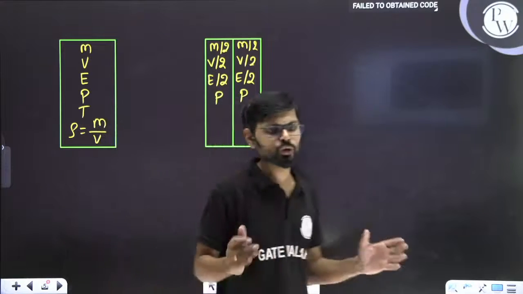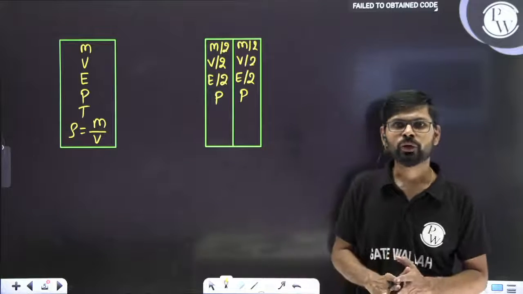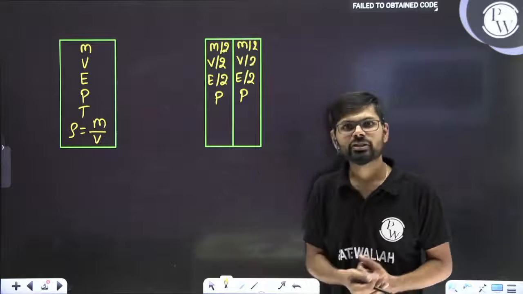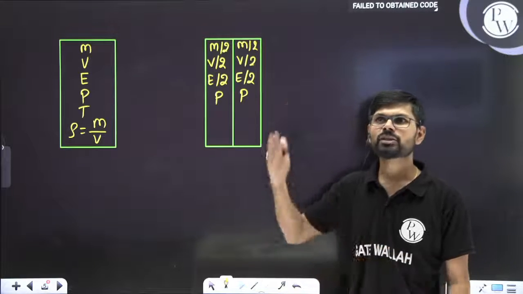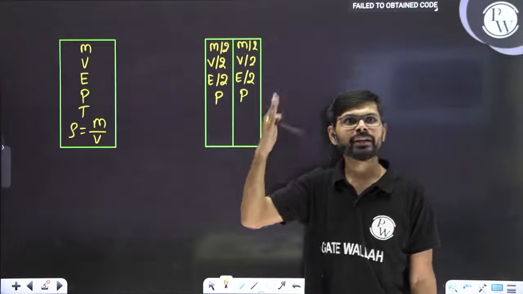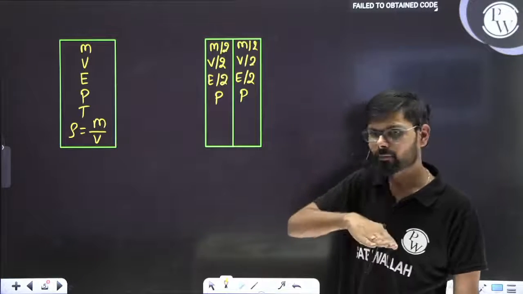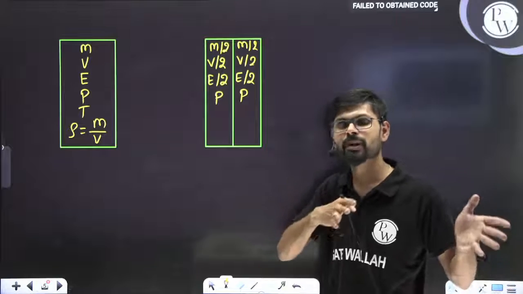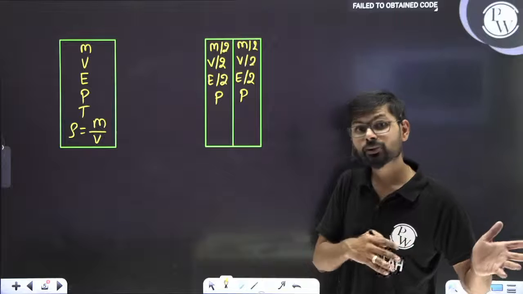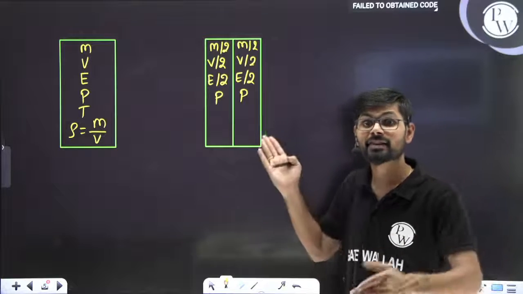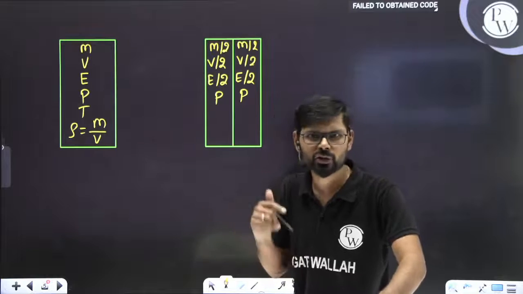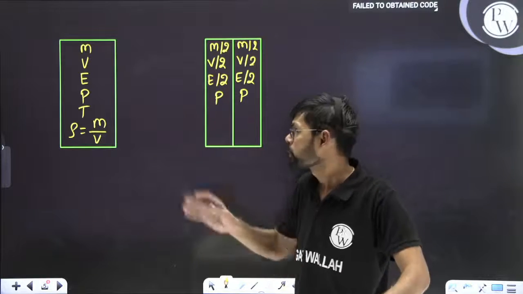Assume you are sitting in one room where some mass of air is there, volume of the air is there, energy of the system is there, and you create one wall in between. Then on one side, mass will become half, volume will become half, and energy will also become half, because this energy is the energy of the molecules. If the number of molecules divides, the energy also divides.